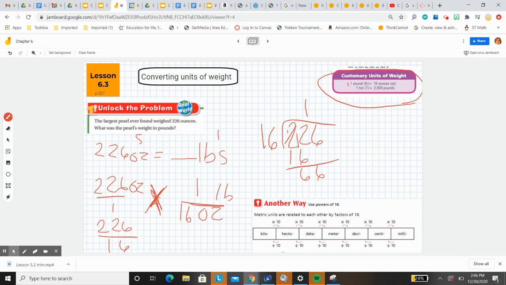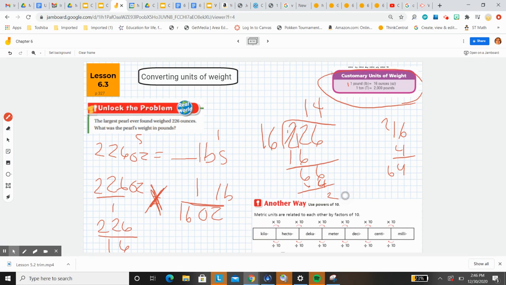Now 16 goes into 66. How many times do you think? Maybe about 4. Let's try it. 16 times 4, I got 64. What a good guess. It's supposed to be a 4. I'm so sorry. That's 2 left over.